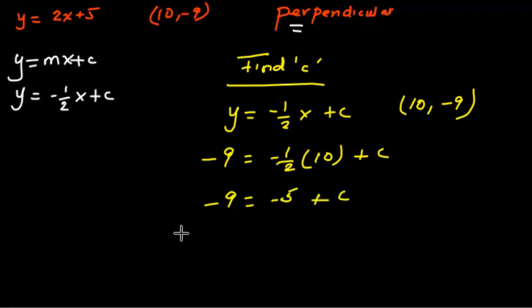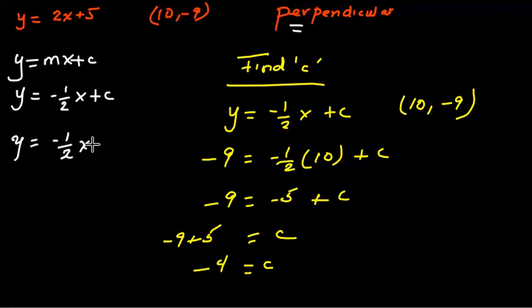And I'm going to transpose the -5. So I have -9 plus 5 is equal to c, and -9 plus 5 is -4, which is equal to c. Look at that, that's all I needed. So y is equal to -1/2 x - 4.